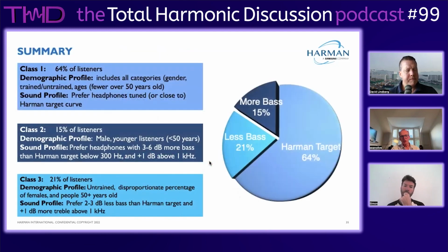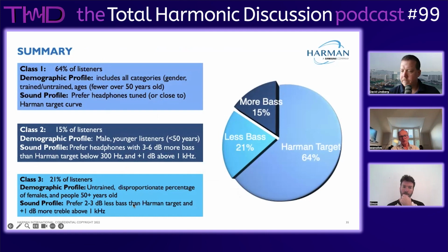Then we looked at the profiles of these classes, and the biggest class generally included all categories based on gender, training, and age groups, although there were fewer over 50 years old. The 15% class 2 tended to be male, younger listeners, and they liked headphones with more bass than the Harman target and 1 dB more treble.